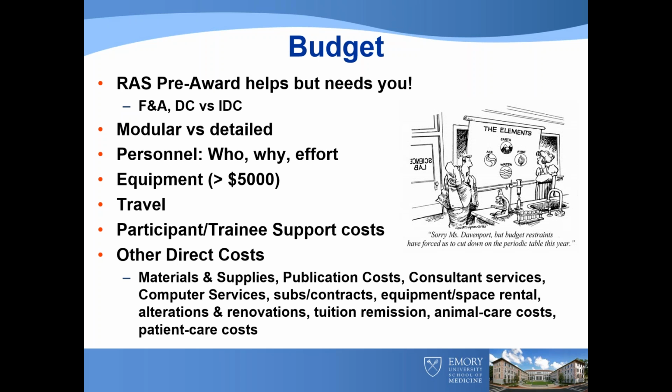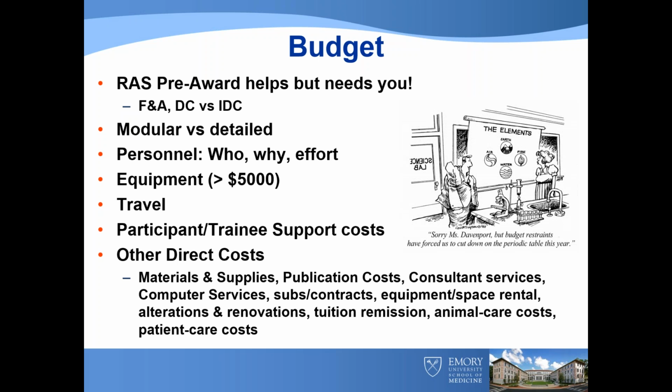Other direct costs: these are materials and supplies, these are computers, these are your buffers, your reagents, these are your animals, these are gift cards for your subjects, publication costs, consultant services can fall under here. Your subcontracts fall under a line under here, but you will talk about them in your budget justification under personnel, and so on.